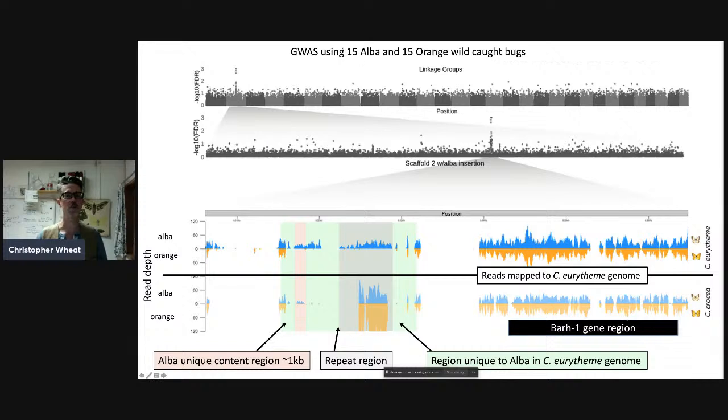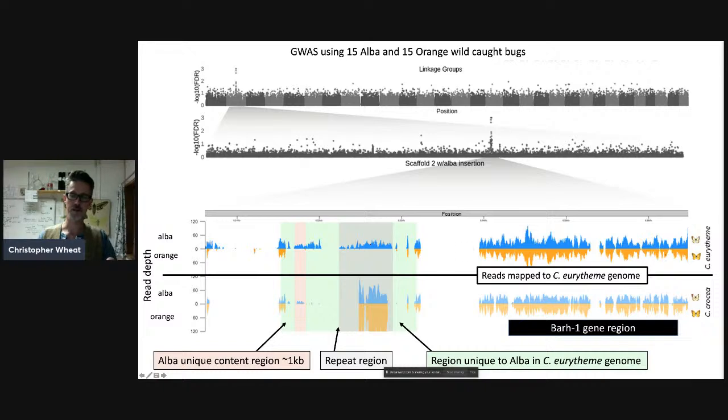Across the top, we've used 15 Alba and 15 orange individuals to find a single region that's associating with Alba, and then we zoom into that region and we still have that nice peak. And then we zoom into that region around the peak. And what we're showing you here now, at this top row, is data from Colias eurytheme, where we have genomic data from an Alba individual mapping across this region.